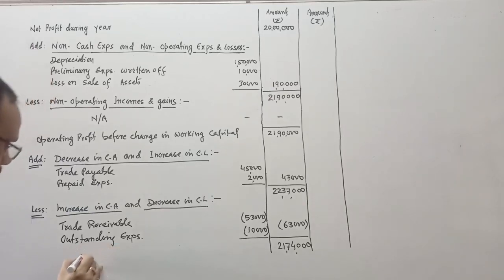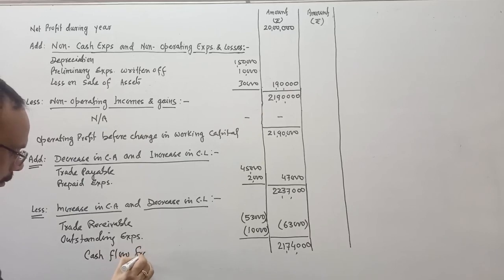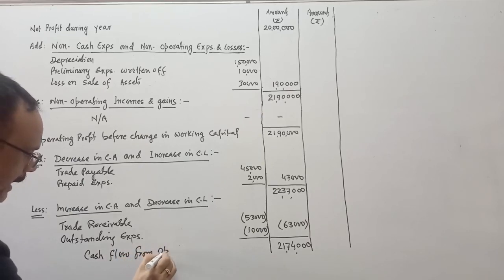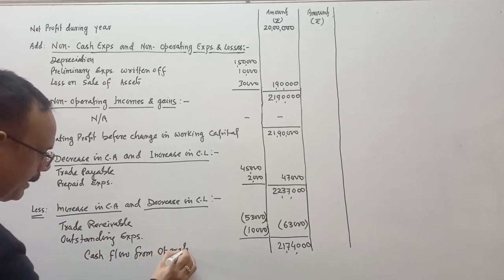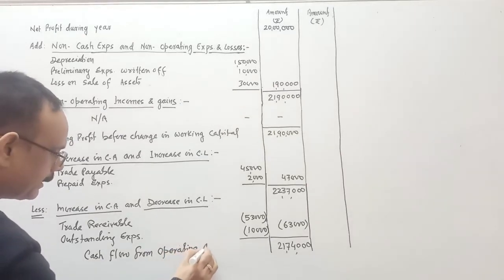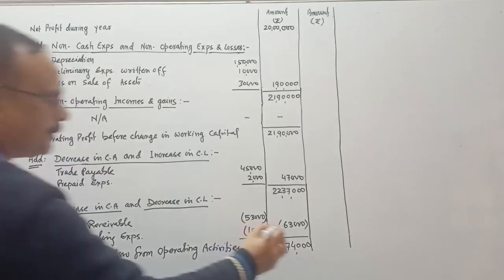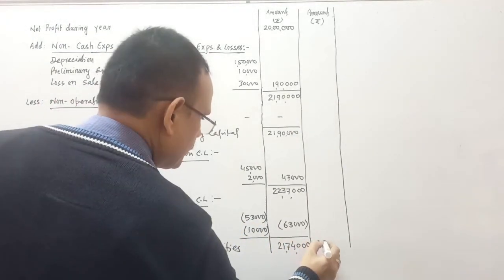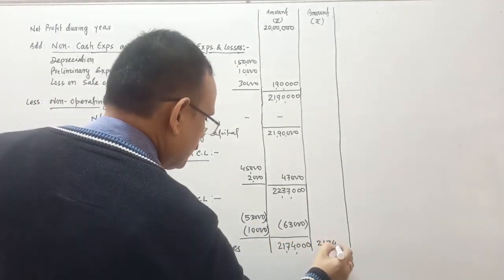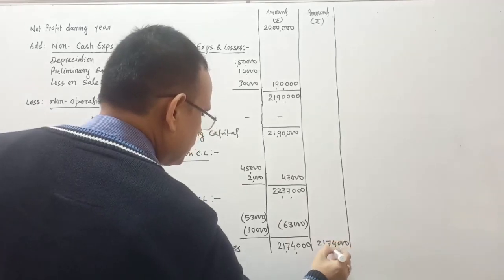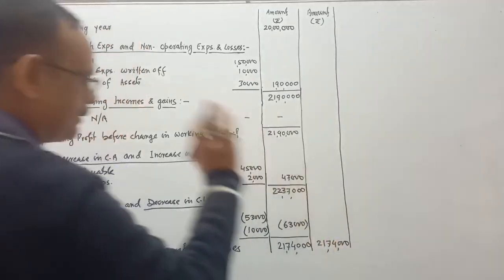So this is cash flow from operating activities. This figure, 21,74,000, we will write in the outer column.